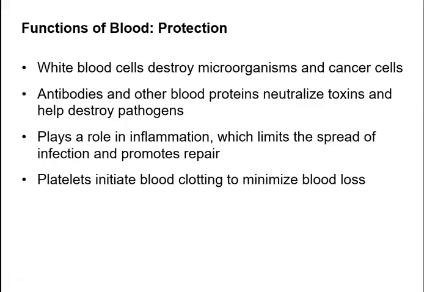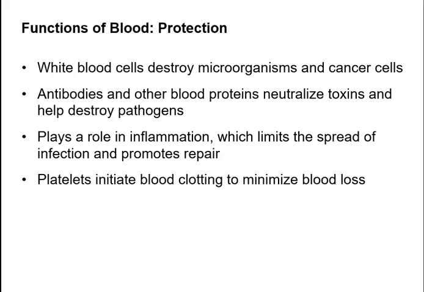Along with transport, the blood is also going to serve a role in protection, and so the blood kind of works hand in hand with much of the lymphatic system, which we'll cover in a later module, to help protect us from pathogens. These are things that could potentially make us sick. It also is going to help protect us from cancer within our bodies.